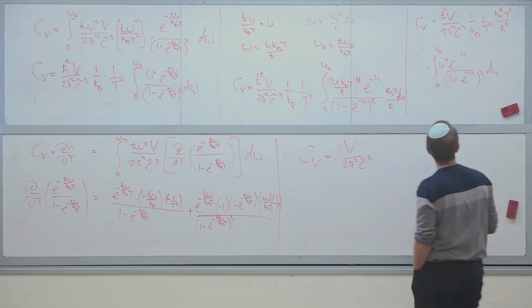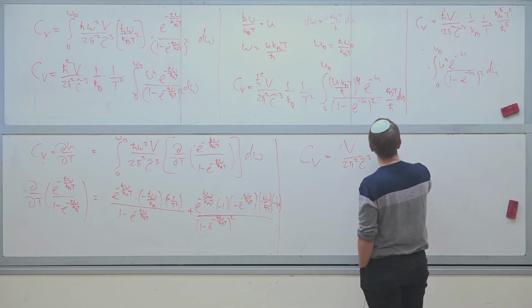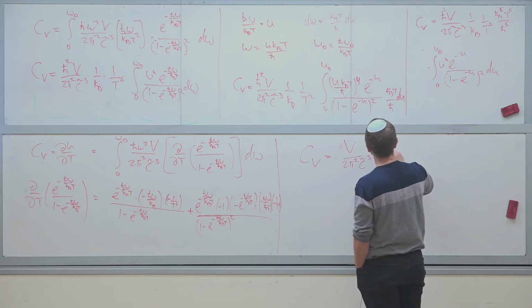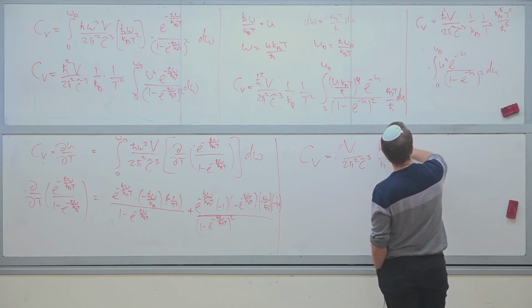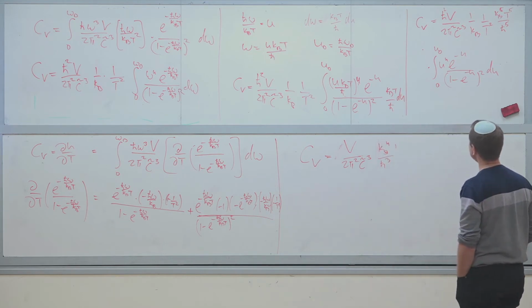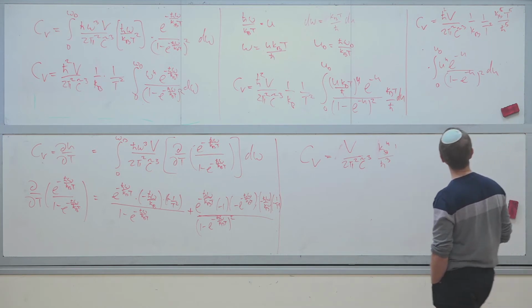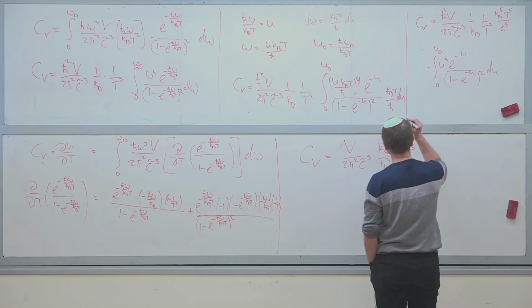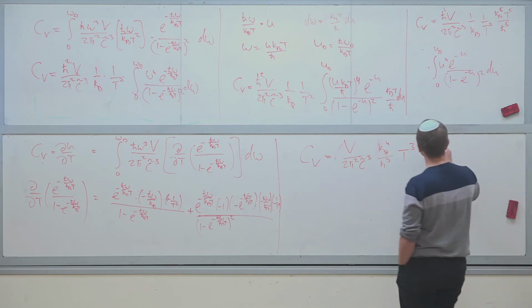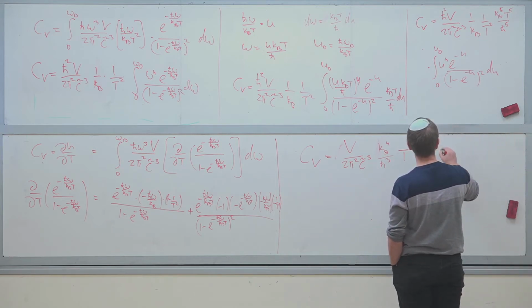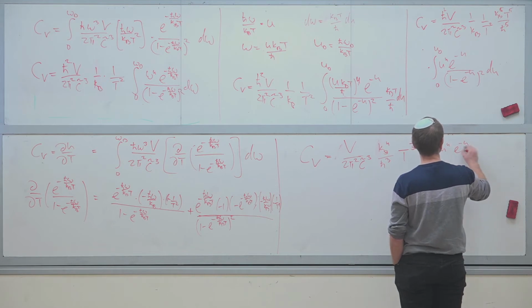We have k Boltzmann to the fourth, h bar to the third and T to the third, multiplied by an integral from 0 to u Debye of u to the fourth e to the minus u divided by 1 minus e to the minus u, squared, du.